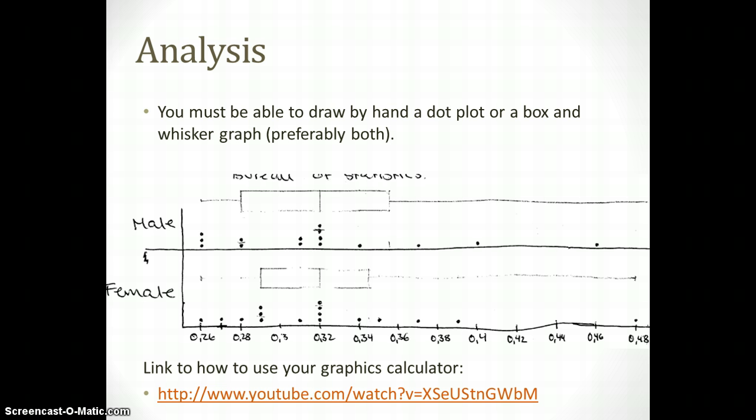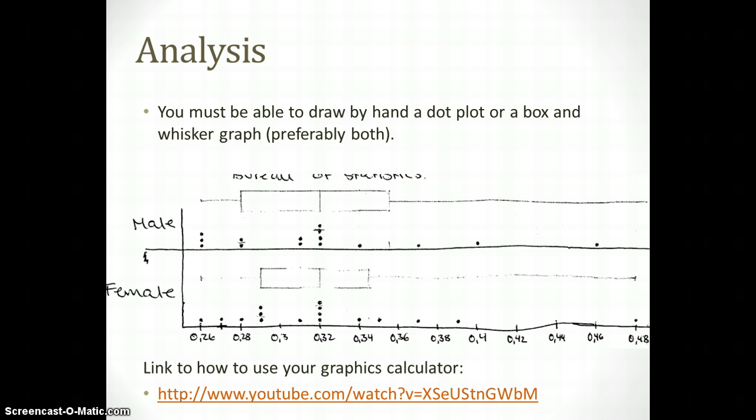right now. You have to be able to draw, as I mentioned earlier, a box plot, or a box and whisker plot, and a dot plot. Your graphics calculator, a calculator that looks like this, helps you to draw a box and whisker plot, and you could possibly borrow one of these from a friend who was doing the internal at a different time to when you're doing the internal, as long as you swap back again so they have their graphics calculator in time.